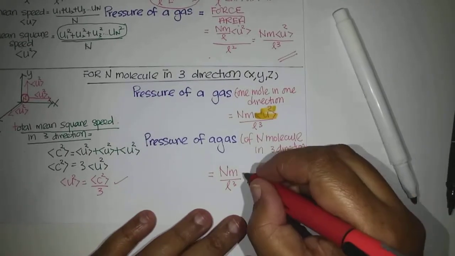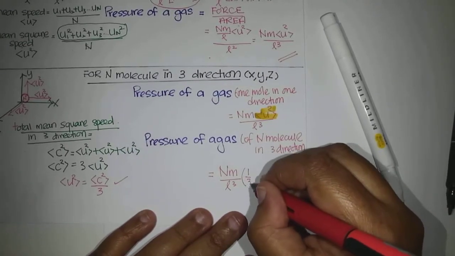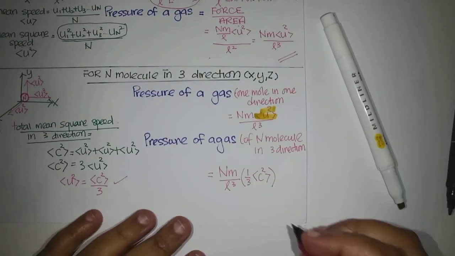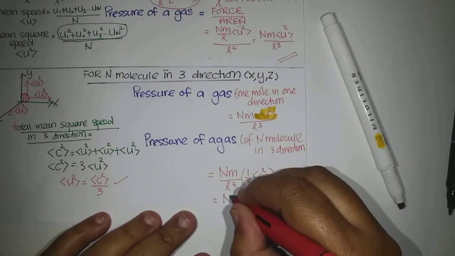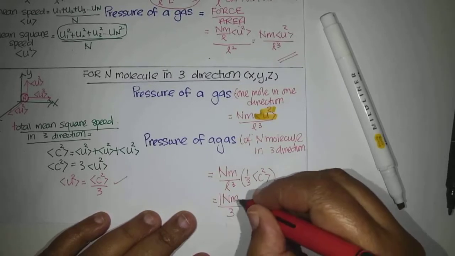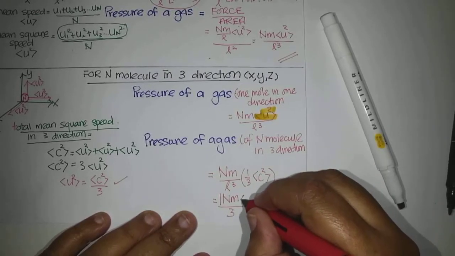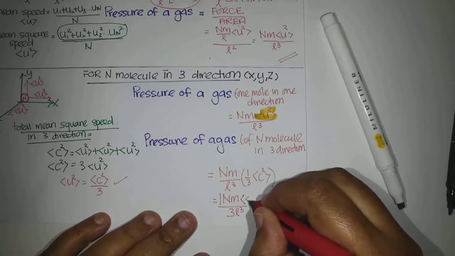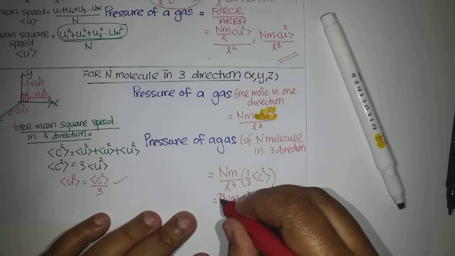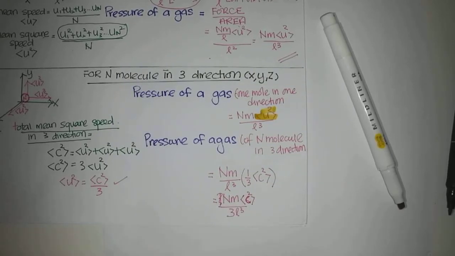So I substitute, and I will get 1 over 3 of the mean square speed, arranged properly, N m over L cube.